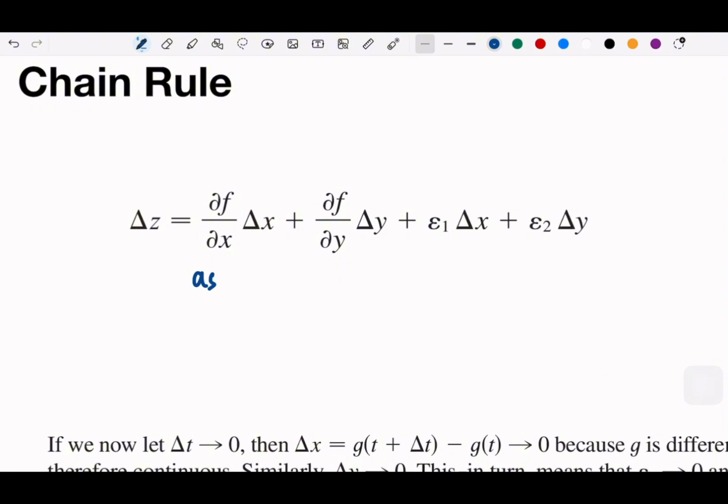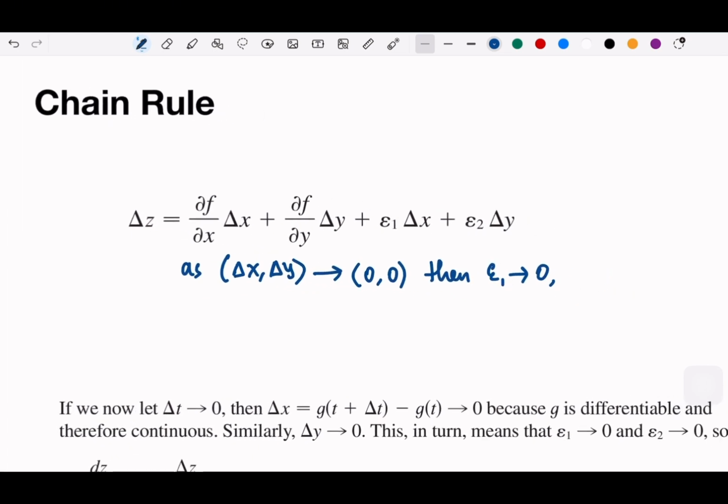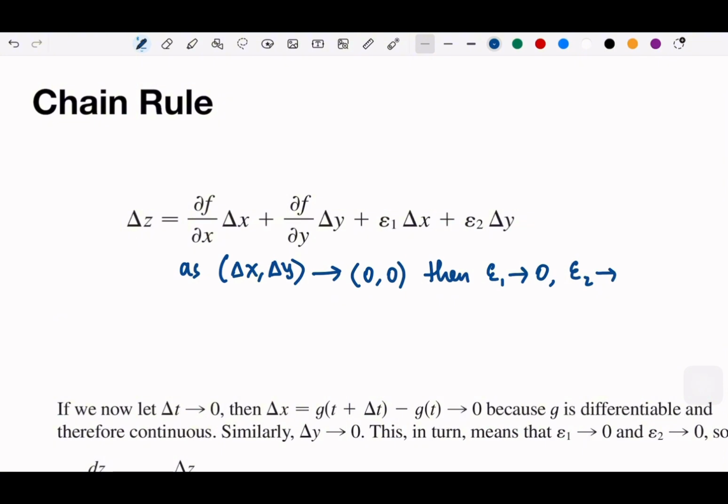So as delta x, delta y approach 0, 0, then these two values, epsilon 1 and epsilon 2, will also approach 0.